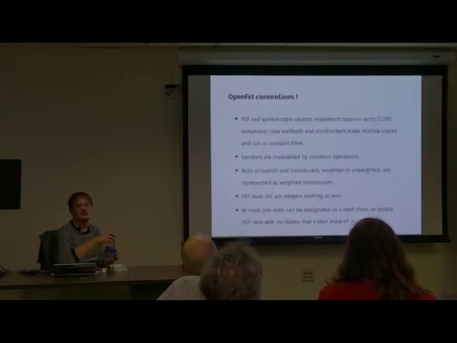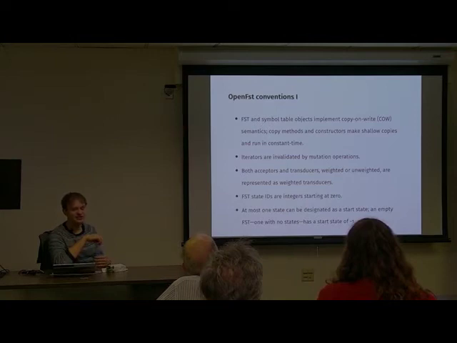Here are some conventions of the library that all these tools share. FSTs and symbol table objects. We also have a notion of a symbol table that maps labels onto words, if we want to. They implement what's sometimes called cow semantics, or copy on write. If you copy an FST, you don't do anything other than increment a reference count.